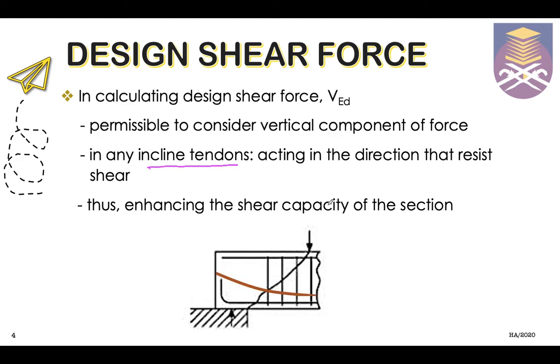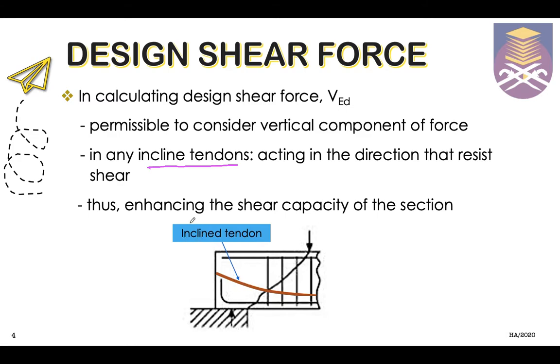So you can see here, for example, if we are having an inclined tendon here, we can see that this tendon is acting in the direction that is opposite to the direction of shear. So this more or less could help to cater for the shear resistance.